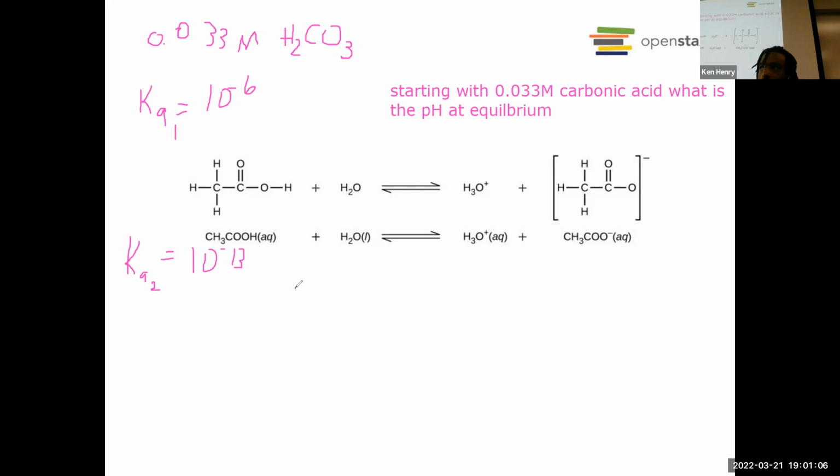If I have H2CO3 aq plus H2O, is carbonic acid a strong acid or a weak acid?